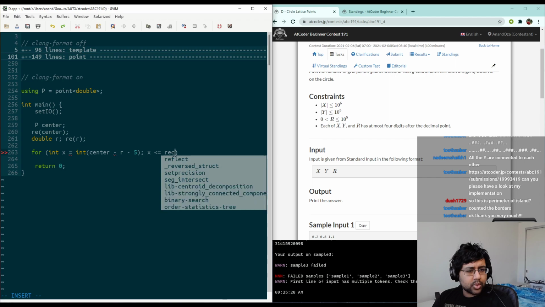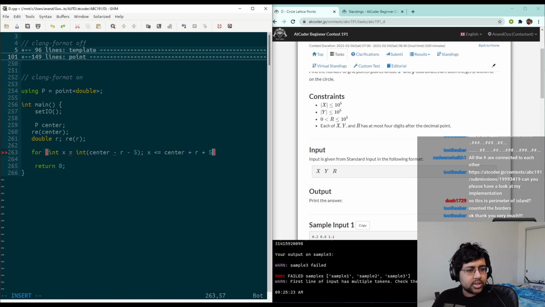Center plus r plus, and then what we're gonna do here is, wait, what? Oh, I see. Right, okay. So then I guess what we want to do is find the x distance from the center, and then we can find the y range from the center that's acceptable.